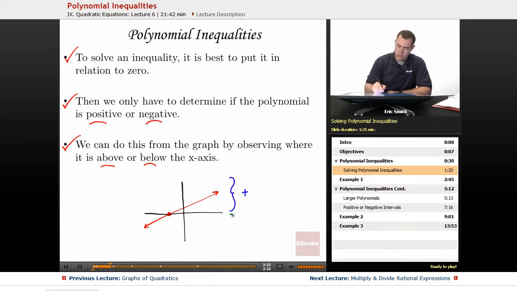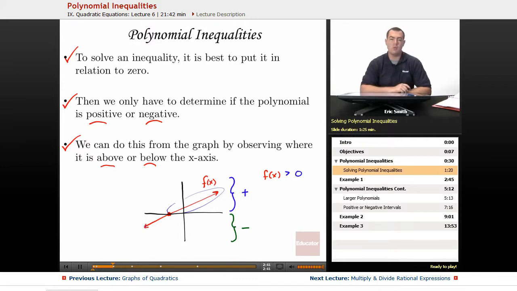And everywhere below the x-axis, we know the value is negative. So if I had the equation for this, and maybe I wanted to know where it was greater than 0, then I could simply take all of the positive values where it's above the x-axis.